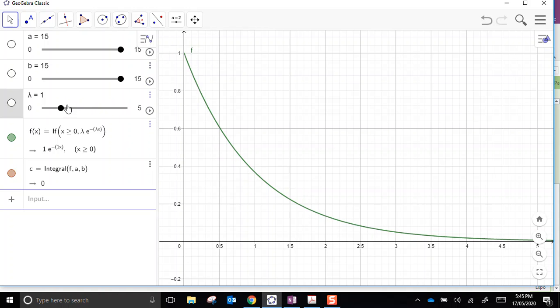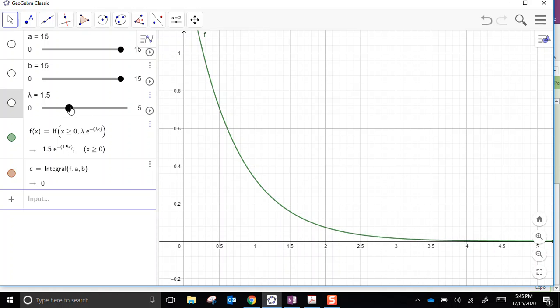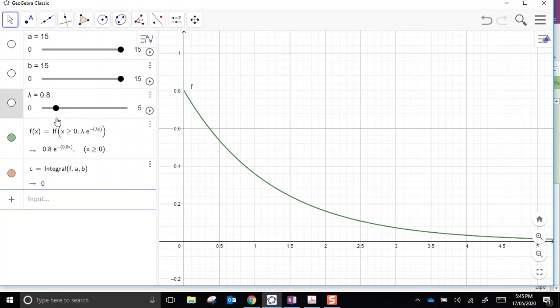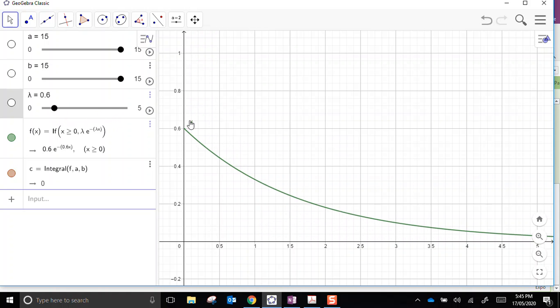That's important. If I increase that even further, you can see I've gone off the top of the scale, but this is virtually nothing down here by the time we reach 2.